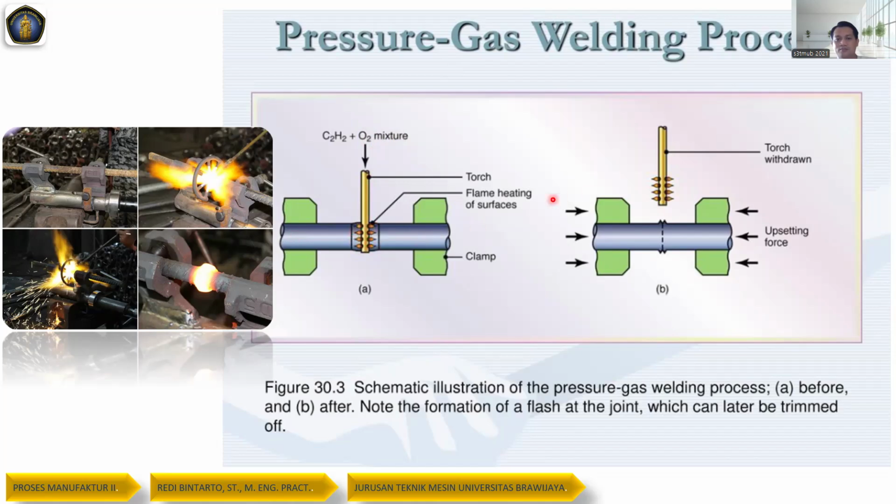After that, the torch is withdrawn and the two metals are upset by force from the right and the left, and then they join together by heating here. This is the practice they use just to connect two metals.